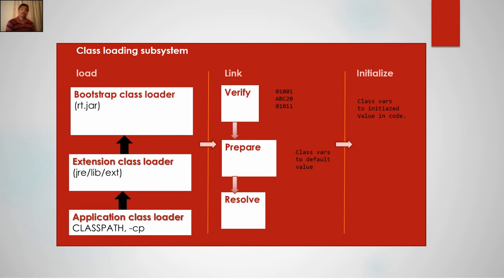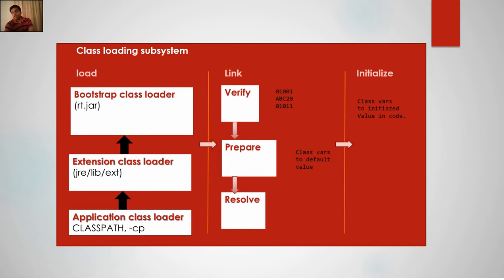But anyway, the load phase involves 3 different types of class loaders. This is one of the questions that is asked in a lot of interviews: what are the various class loaders, or the order of those class loaders? So here lies the answer. You have the Bootstrap class loader, which is responsible for loading Java's internal classes.